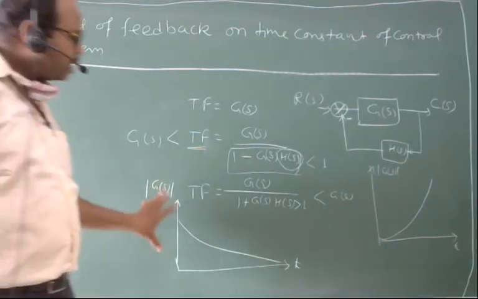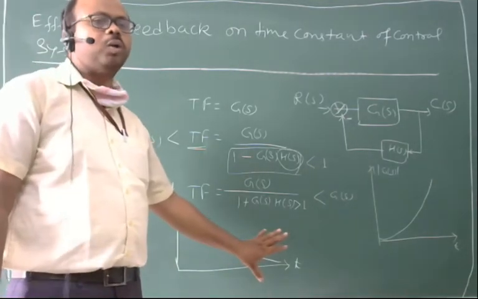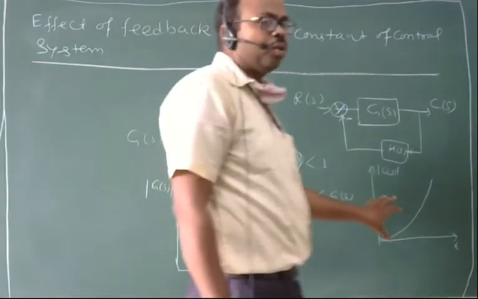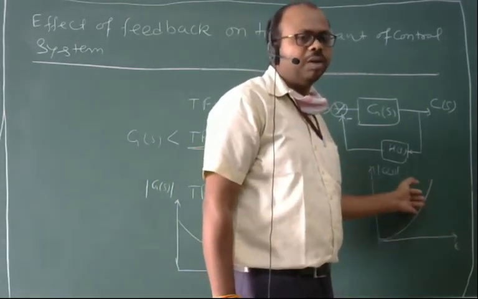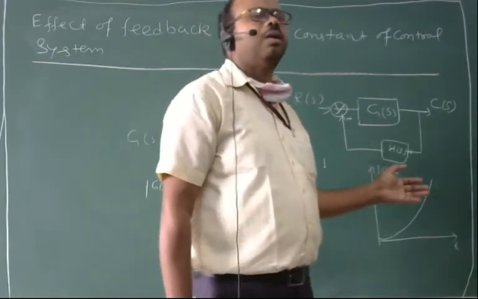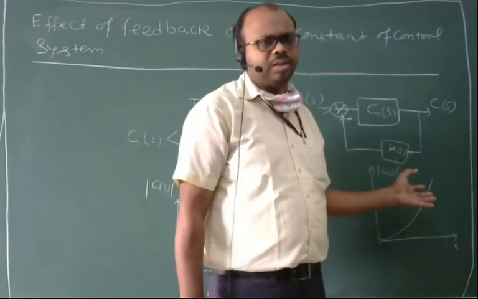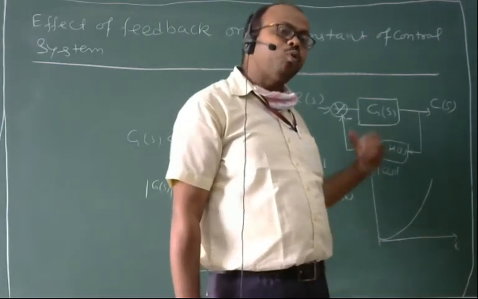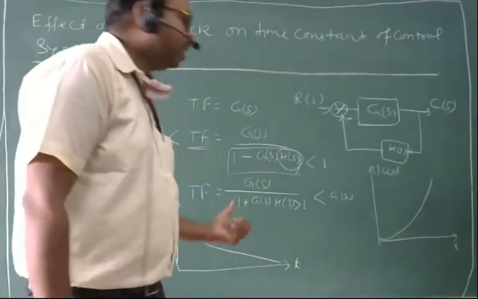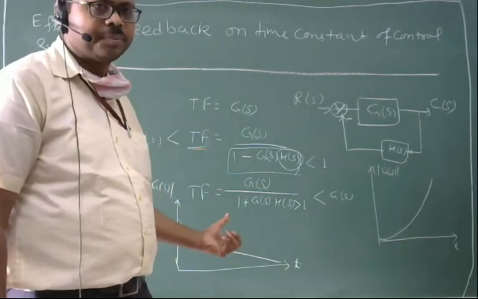It means this response is a bounded response and the other response is unbounded. Therefore, most of the time, the first type of system is unstable, and we have to make it stable by using negative feedback.